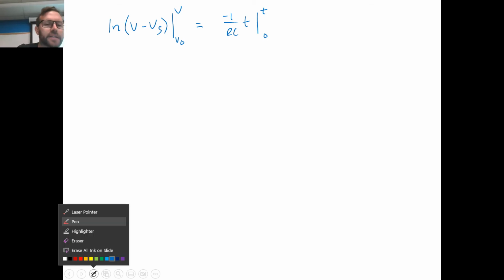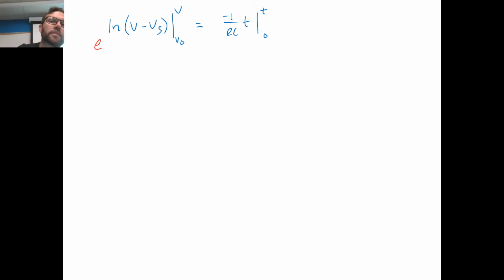All right, so I'm just going to rewrite what we had on the last page. ln of V minus Vs evaluated from V naught up to V is equal to minus 1 over RC times t evaluated from 0 up to t. Oh, sorry, the R didn't get its tail there.